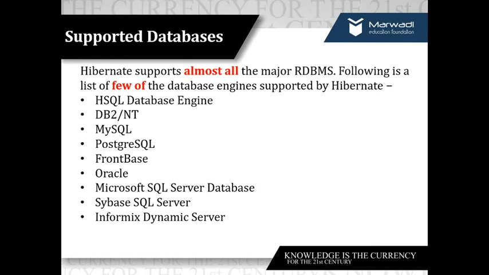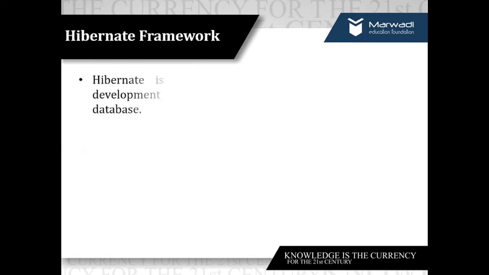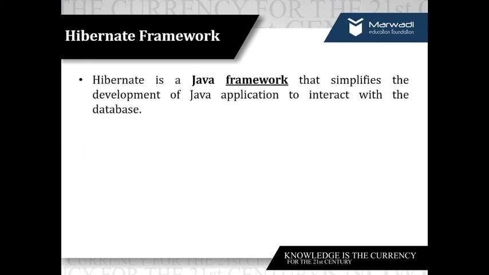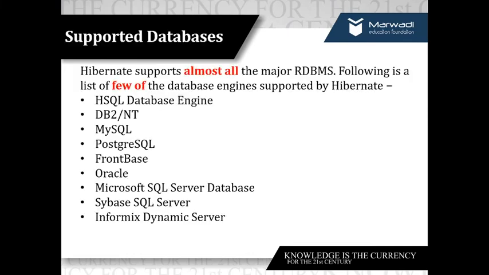You don't need different types of code for all these types of databases. If you change your database from one database, say for example Oracle to MySQL, then in that case you just need to change the configuration files, XML files, and that's it. That is done.